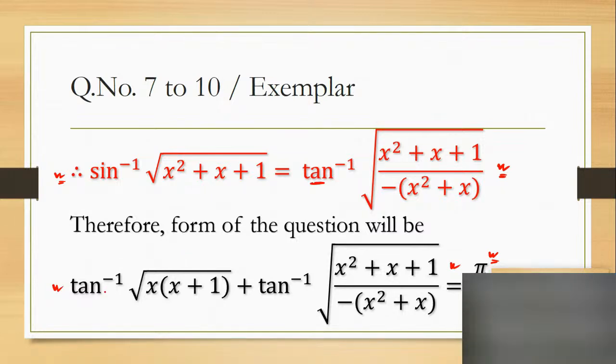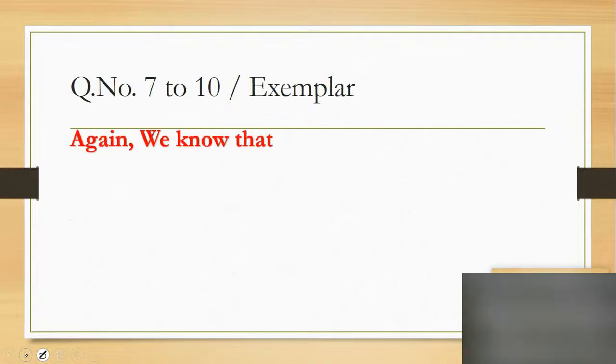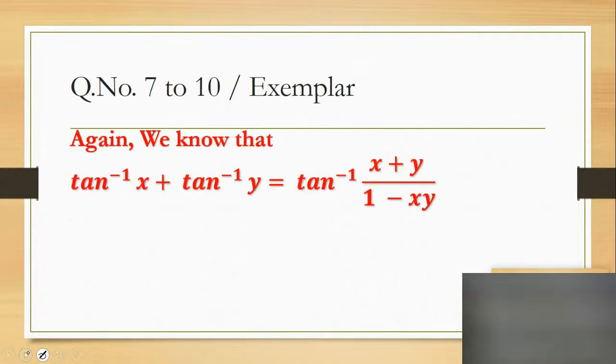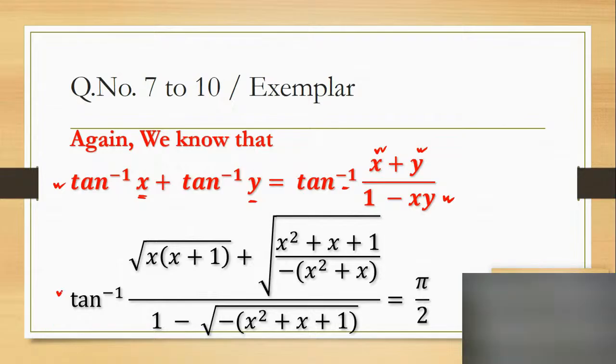After that, we recall the formula tan inverse x plus tan inverse y. So let's see. Again, we know that tan inverse x plus tan inverse y equals tan inverse of x plus y by 1 minus xy. Now putting the values of x and y, we get tan inverse.